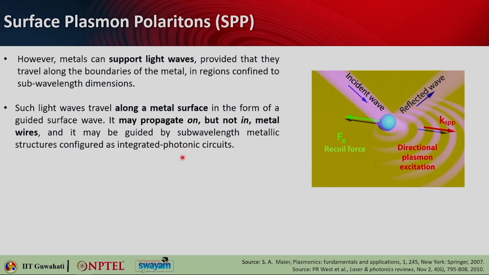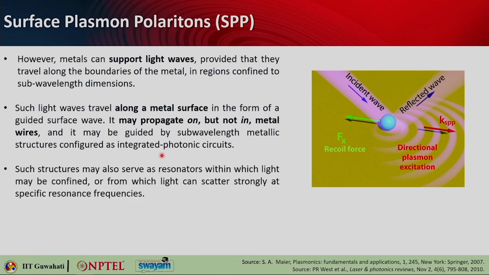They are useful in integrated photonic circuits as waveguides. You can transfer information across these metallic surfaces over a very short distance. Such structures can also serve as resonators within which light may be confined, or from which light can scatter strongly at a specific resonant wavelength or frequency.